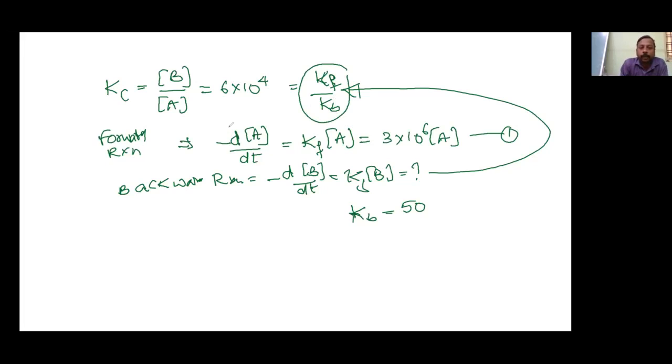For the forward reaction, A is the reactant, therefore it will be minus dA by dt. For the backward reaction, B will be the reactant, minus dB by dt. So we have the Kf value. I have substituted the Kf value. We know the ratio of Kf by Kb. Simply by substituting Kf, you can find out the Kb.